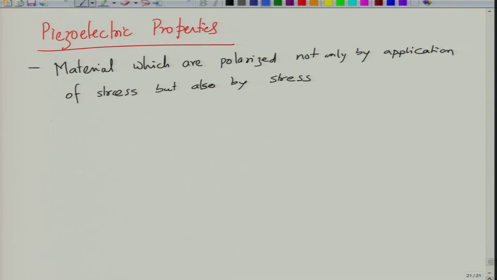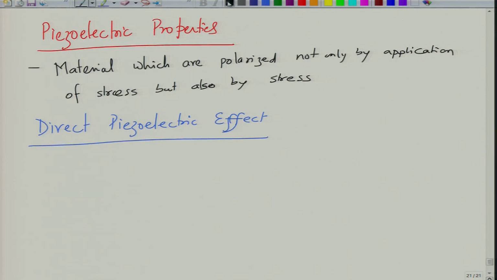First is called the direct piezoelectric effect, and in this direct piezoelectric effect, d_i, which is the charge density, is related to the stress x_jk, and the proportionality constant is small d_ijk.